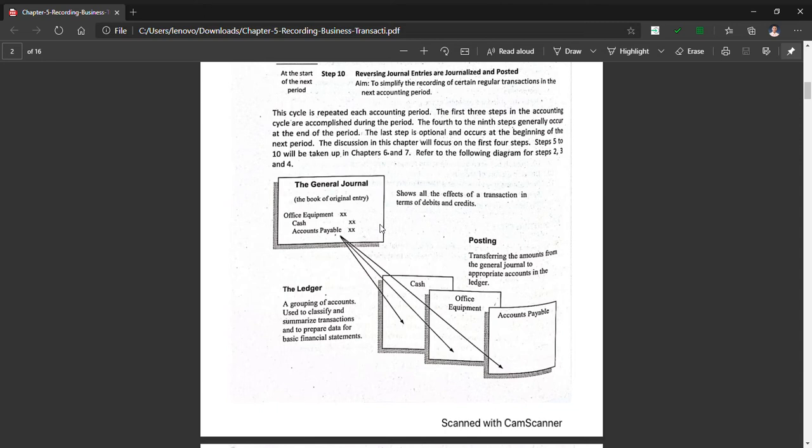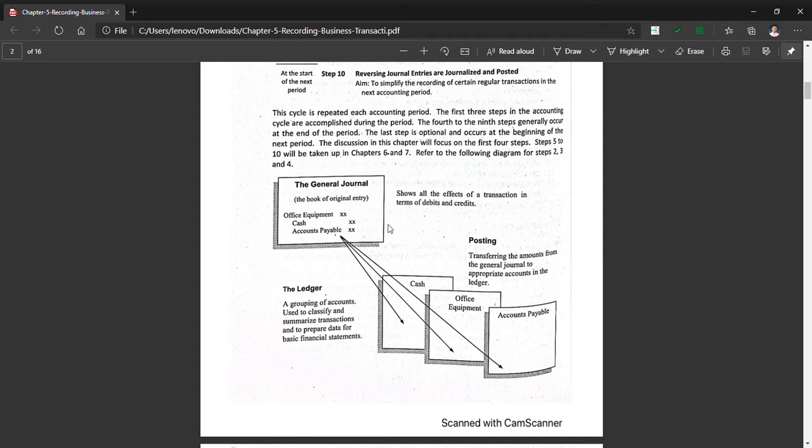Okay, so sa ledger kasi, every account title has its own part na makikita mo yung balance niya, right? So, kung makikita nyo dito, meron siyang separate for cash, separate for office equipment, and separate sa accounts payable.